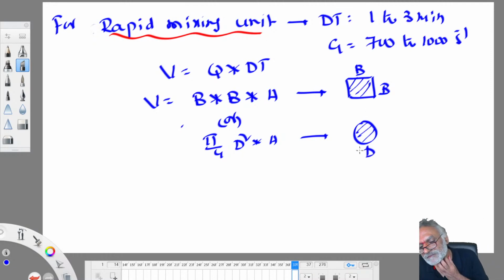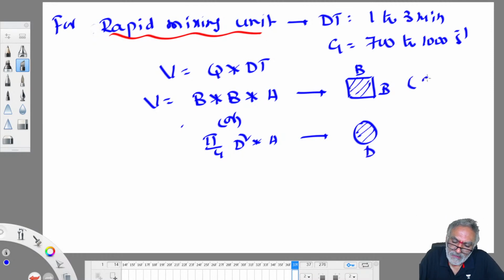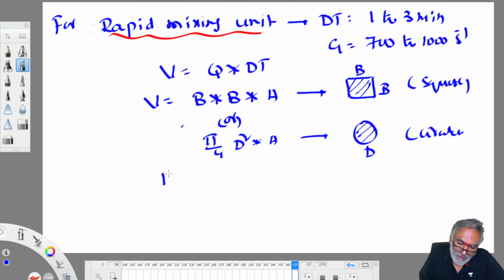Okay, this is square type tank, this is circular. That's all. Generally we provide H value 1 meter to 1.5 meter. So volume is known, okay, then we will get B and H. Surface area you can find out.